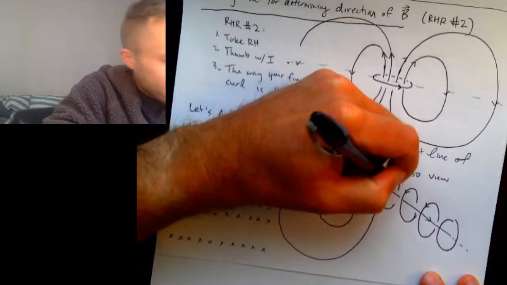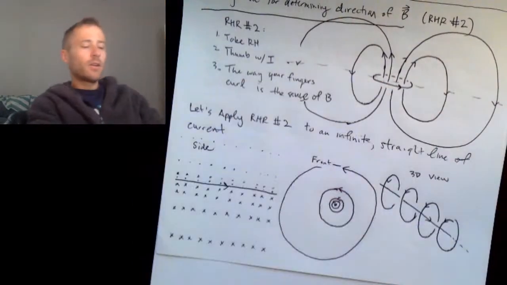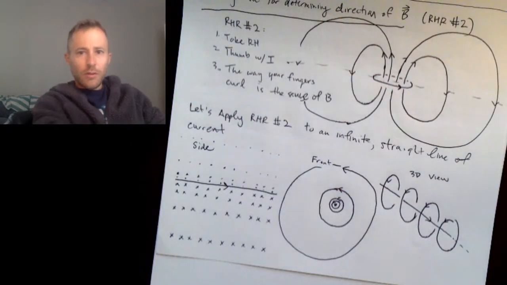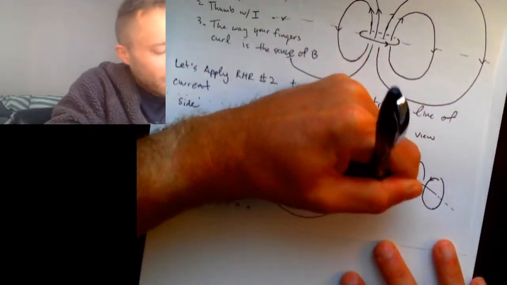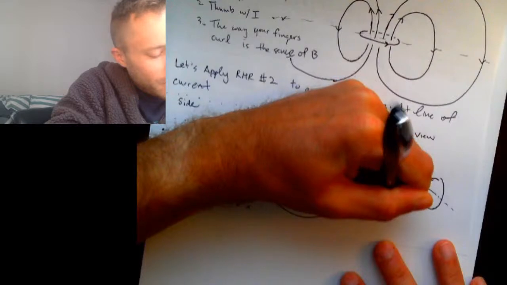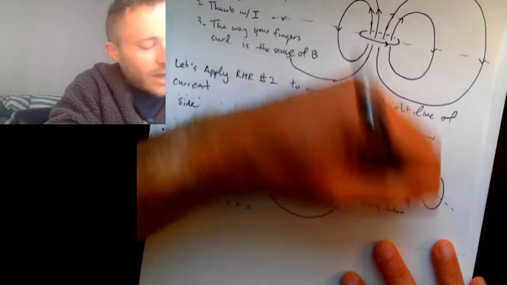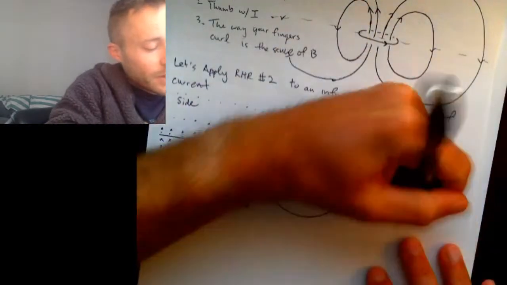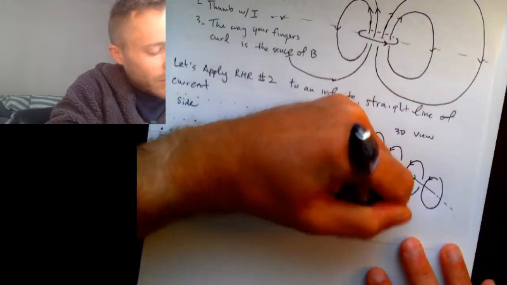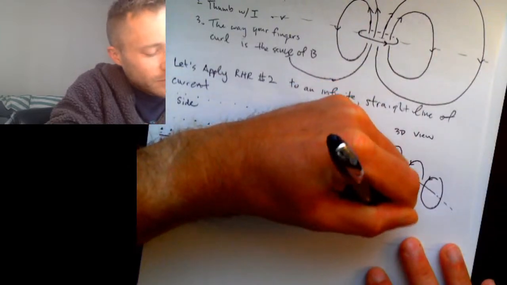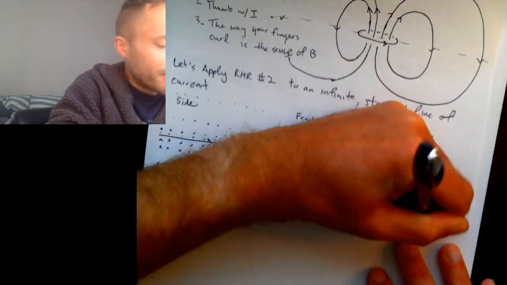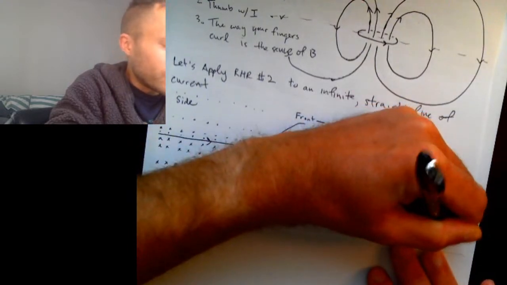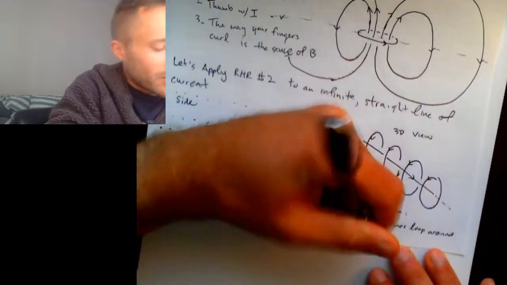Like that. Okay, so the main idea is that the magnetic field lines loop around current carrying wires.